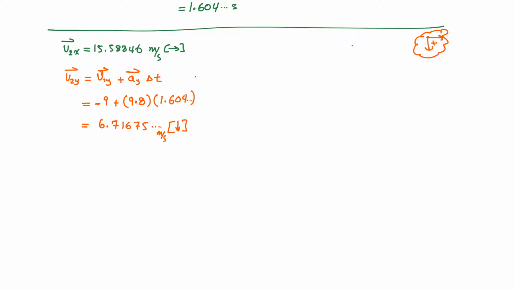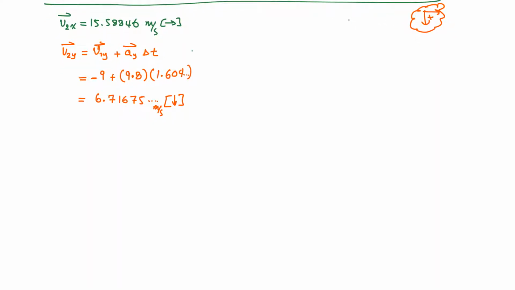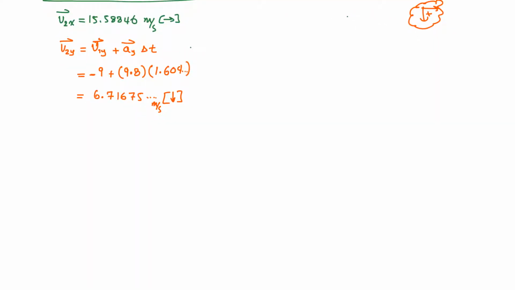Okay, now let's combine everything and figure out what our final velocity is. I'm going to move up a little bit so we have a little bit more space, and I'm going to use green for my x value. My v2x is 15 meters per second in the right direction, so I'm going to draw that like this. And the magnitude of this is 15.588.